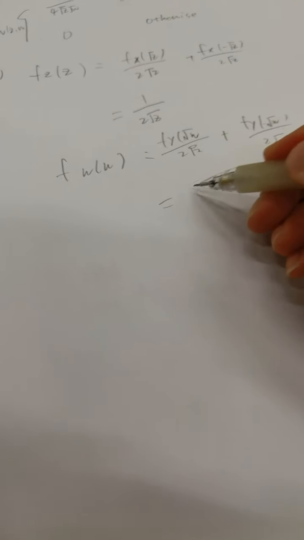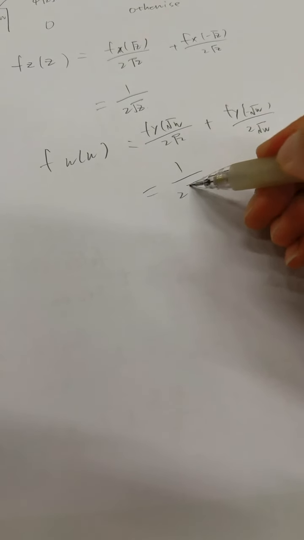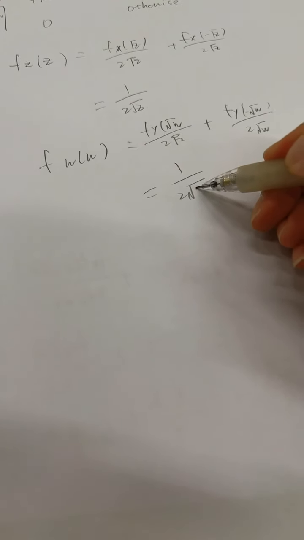I can directly write it out, which is equal to 1 divided by 2 times square root w.